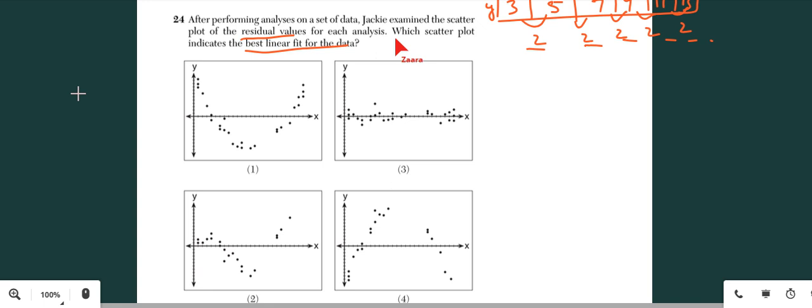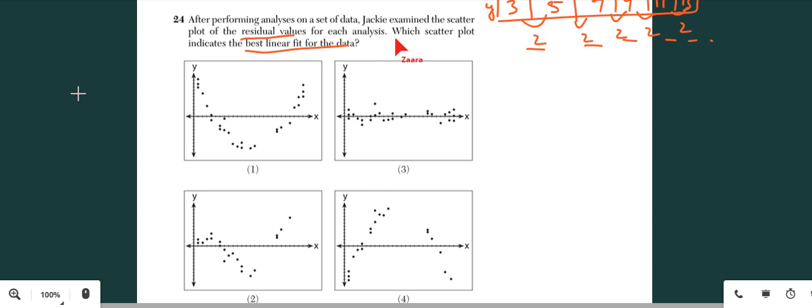So we know it is the scatter plot with the residuals randomly distributed around zero. If they are distributed around zero, then the residuals calculated from that best fit line indicate that it would be the best fit line.